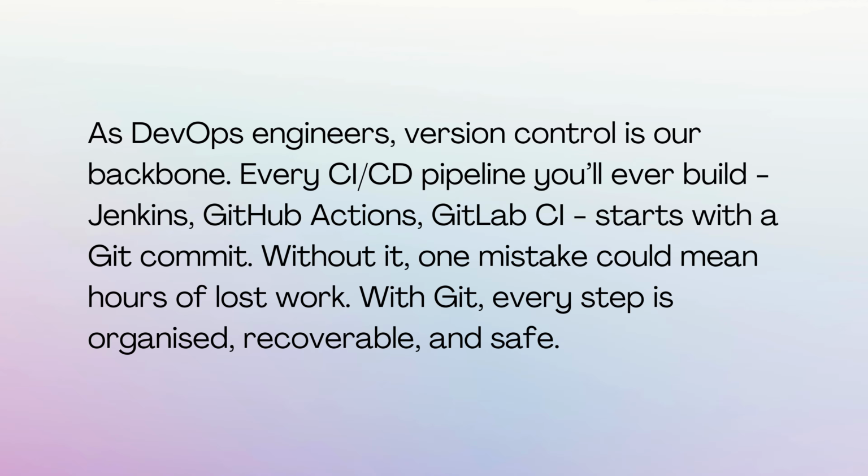Essentially, without it, one mistake could really make us lose hours and hours of work. And by utilizing Git, every step is pretty much organized, recoverable and safe throughout the organization and also with the people we're collaborating with.